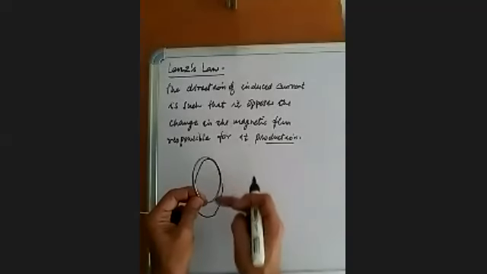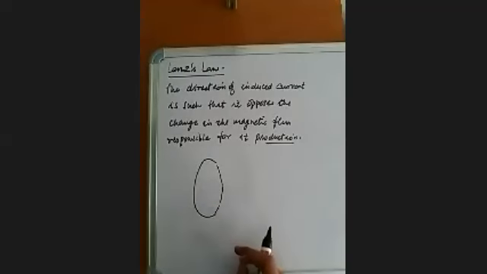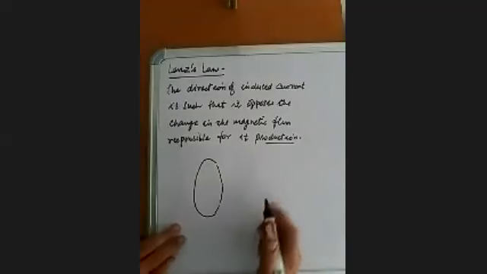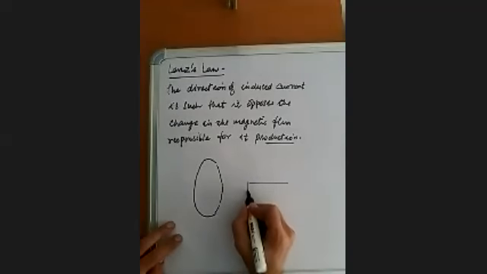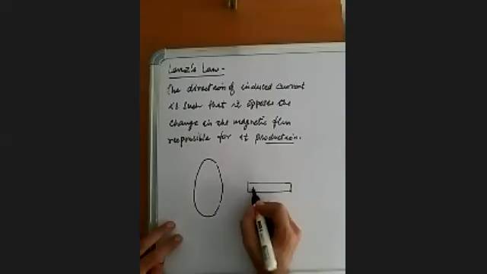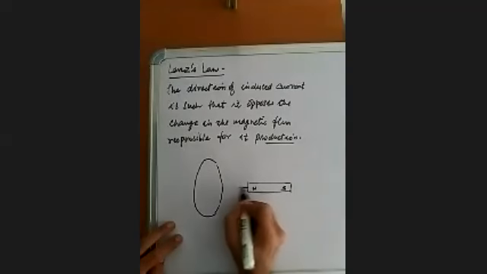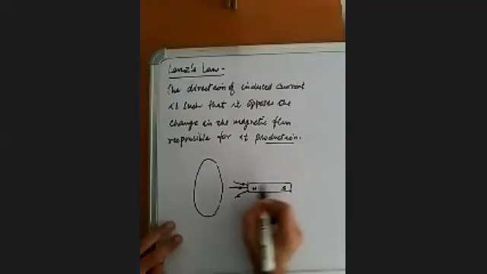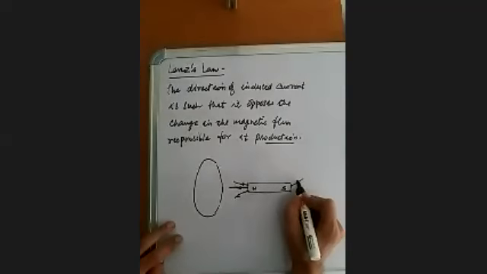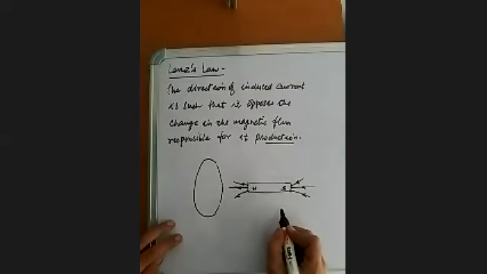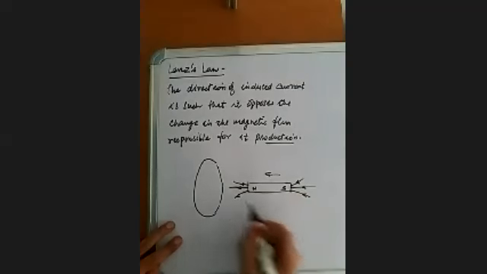This is the coil, and this is a magnet. Suppose we discuss the case of a magnet with north pole and south pole. We know the direction is from north to south, like this. Okay, and it is moving towards the coil.